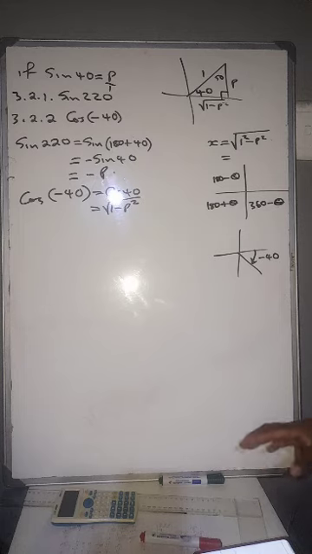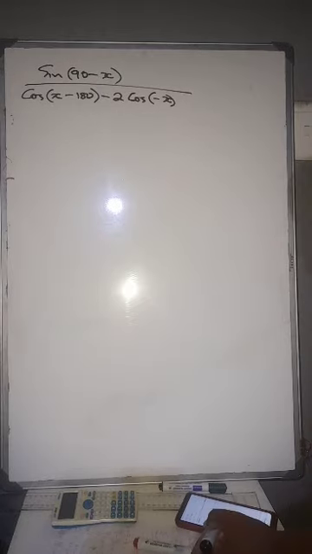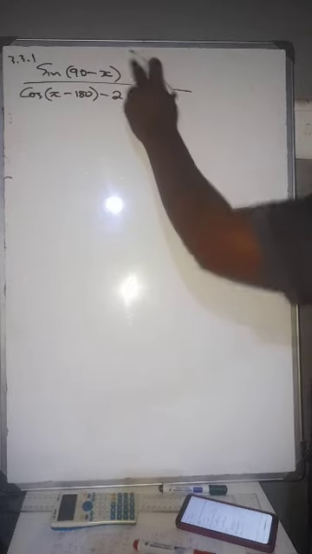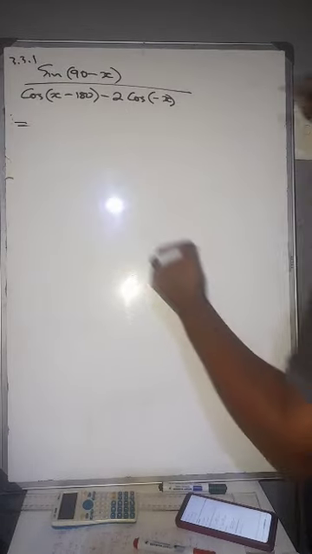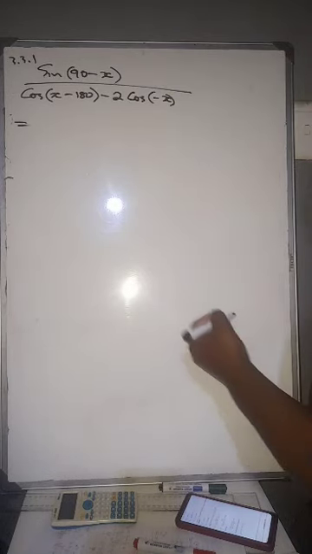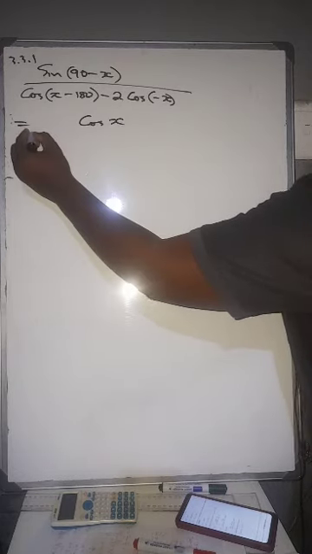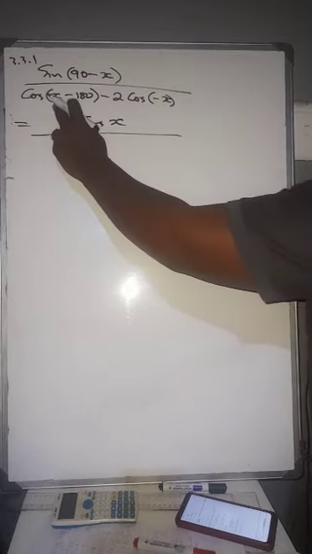And let's go to question 3.3, the one that is more interesting. This is 5 marks. Determine the value of this expression without using a calculator. All right. This is question number 3.3.1. Starting with this one, this is a co-ratio, sine of 90 minus x gives us positive cos x, and all over this one.